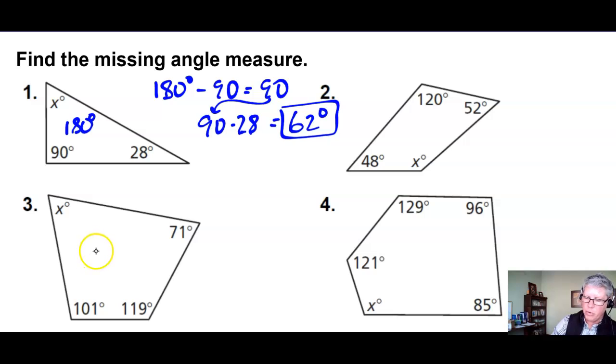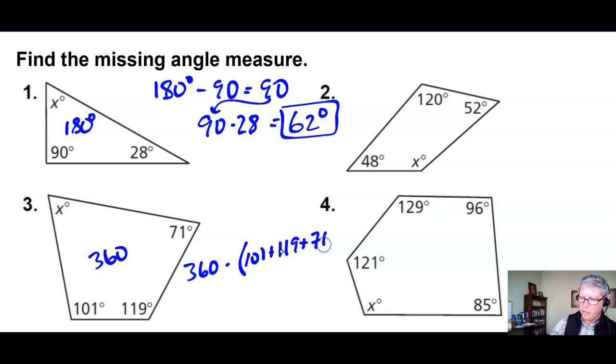With 4 sides, they all add up to 360. So we would take 360 minus these three, 101 plus 119 plus 71. Notice I put these all in parentheses. I'm going to add them all up, subtract from 360, and I'll get my x degrees.